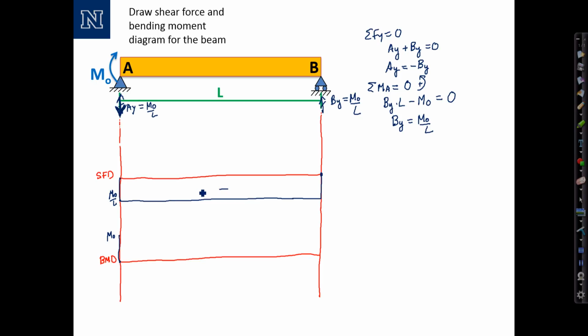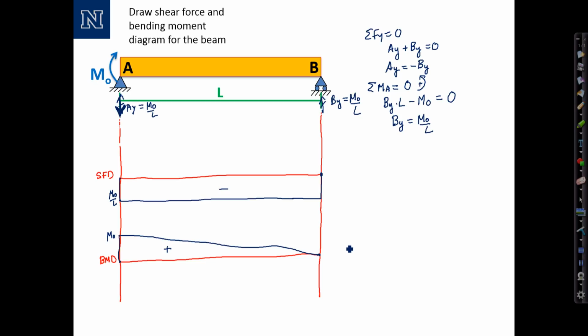Because the shear force is negative, the bending moment diagram will be decreasing. And finally, we know that the moment must go to 0 at the right end of the beam because it's a pin support and there's no moment acting at the end. So I'll draw the straight line. That's supposed to be a straight line going downward.